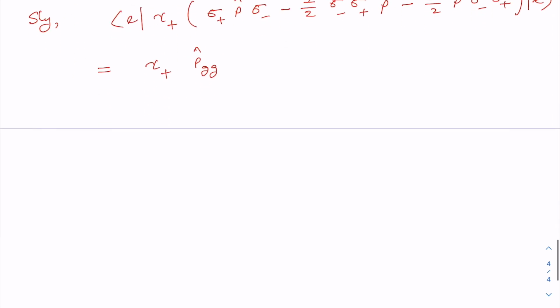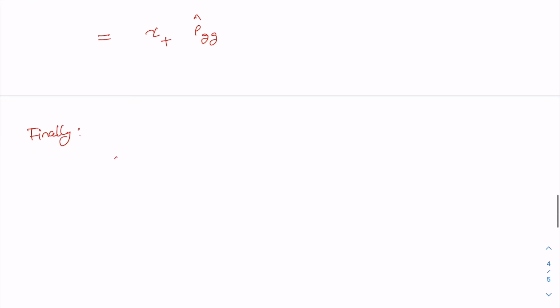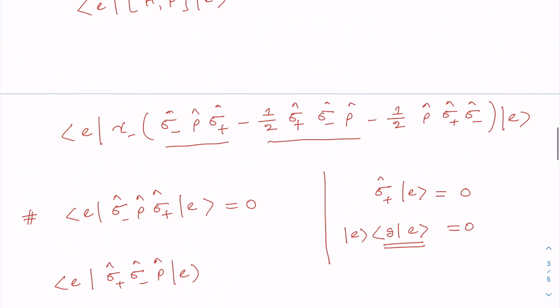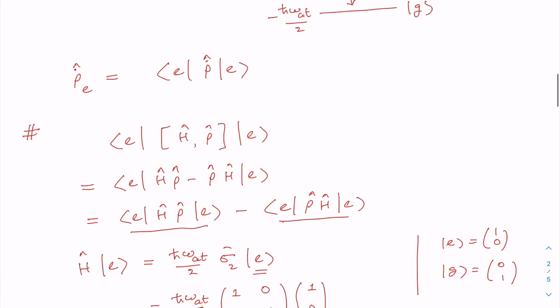So finally we are left with the pure dephasing term, and that is 2 gamma phi, with E rho E. Just let me remind you, here I have done this simplification.